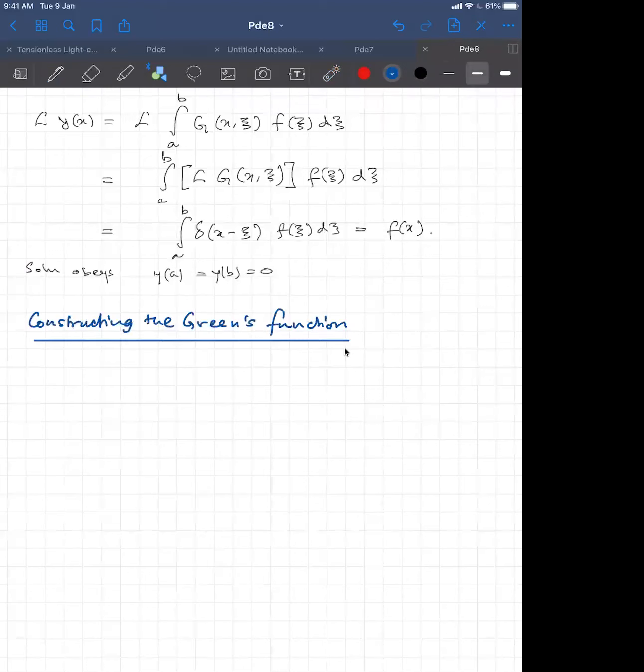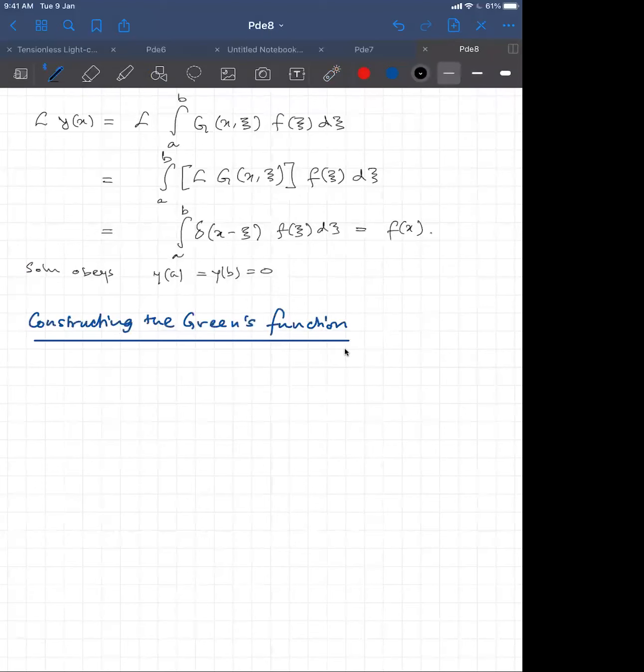Okay, this relies on the fact that whenever x is not equal to xi, L acting on the Green's function will be equal to 0. Thus, for both x greater than xi and x less than xi, we can express G in terms of the homogeneous equation, and we'll work with that. Okay.